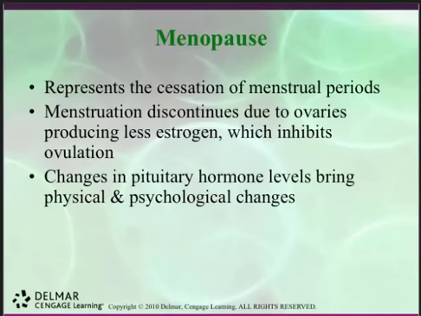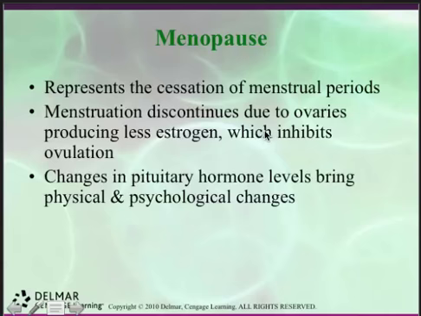What you have to realize is that as eggs are ovulated on a monthly basis, we begin to deplete the number of follicles inside the ovary. The follicles are the structures that are responsible for producing estrogen and progesterone. So when we get to menopause, so much estrogen and progesterone producing capability has left the ovary that it's incapable now of properly regulating the uterine cycle.